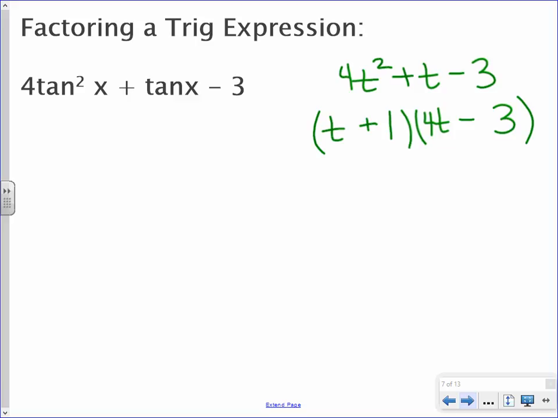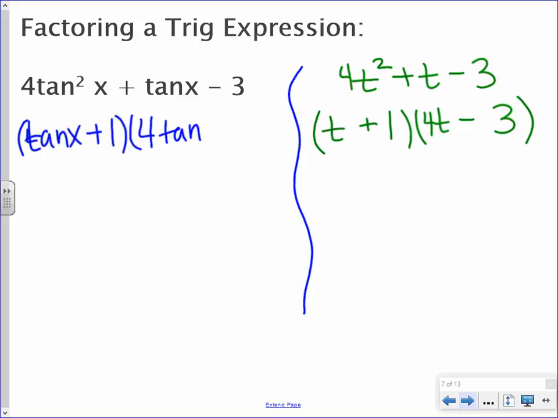We can always FOIL this out to make sure we get back to the original. Okay, so you don't necessarily have to do this. You may be able to just do it over here. But since 4t squared plus t minus 3 factors to these two binomials, then we can say that 4 tangent squared x plus tangent x minus 3 factors to tangent x plus 1 times 4 tangent x minus 3.